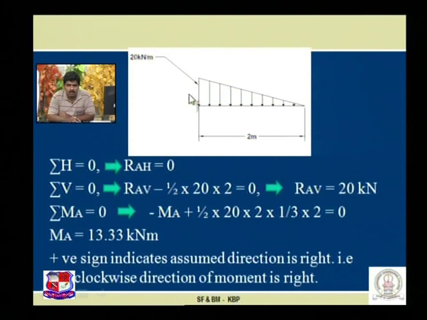CG is 1/3 from here, 1/3 of the base, 1/3 of 2. So this is equated with 0, and simplifying this equation we get MA is equal to 13.33 kilonewton meter. This positive sign indicates that our assumed direction of MA, anti-clockwise, is right.